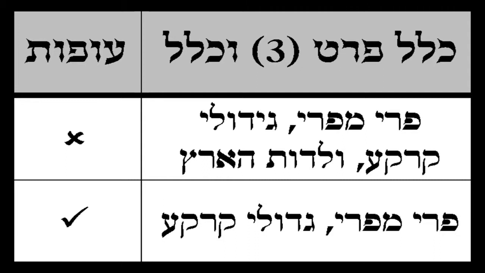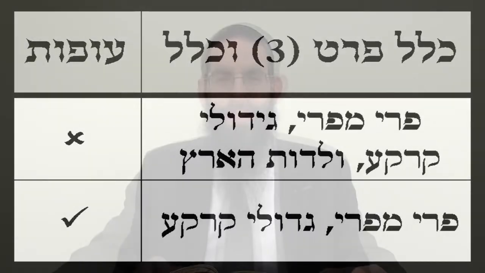So you begin very broad and you limit it somewhat. Meaning, it needs to conform, be similar somewhat to the items on the list. It needs to contain at least two elements of those items on the list. It needs to be primi pri, gdul karka, and that includes birds, which contain both elements. But according to all shittas, dagim are not included because fish only have one element, primi pri.